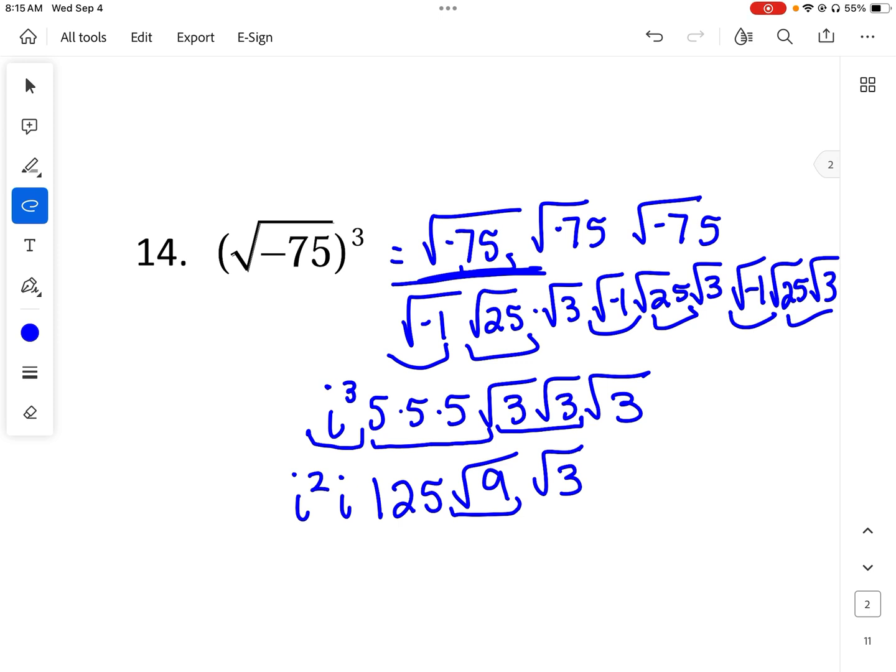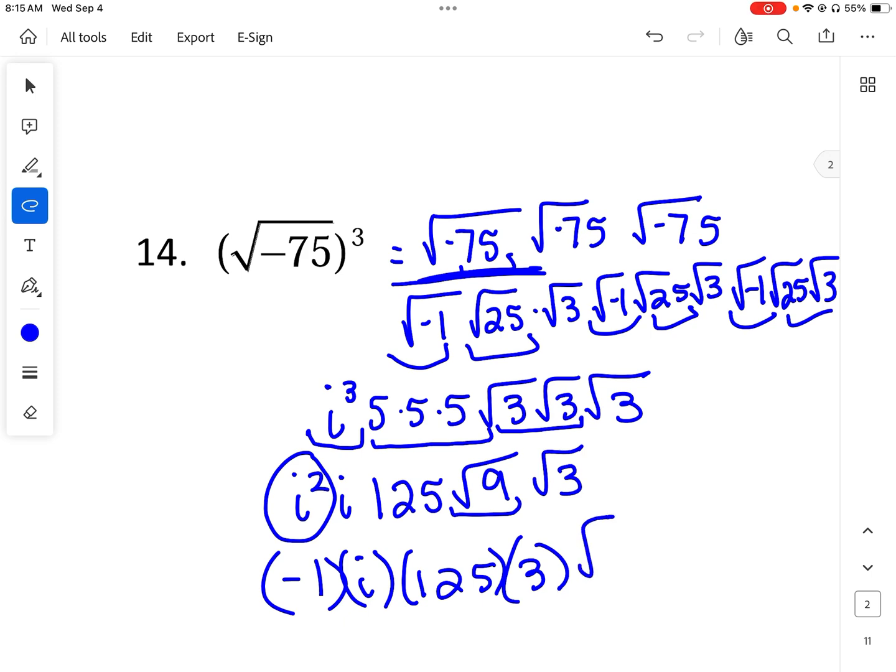So I'm going to do lots of different things here. I'm going to change this to a -1, or -1 times i, and then times 125 times 3, square root of 3.